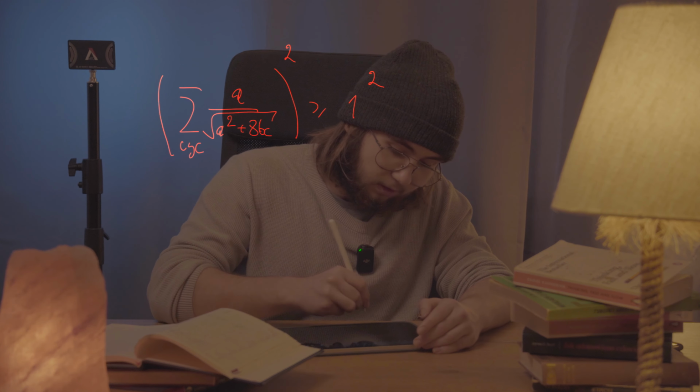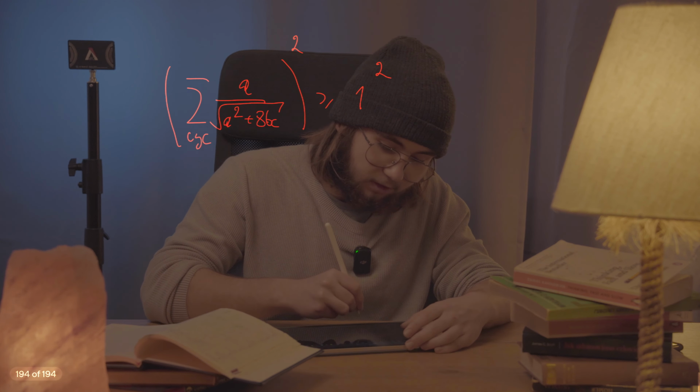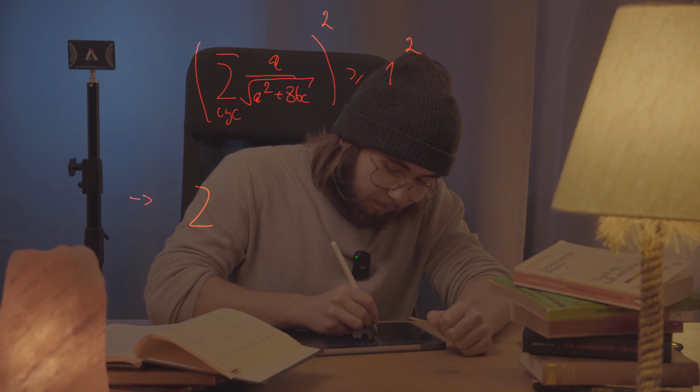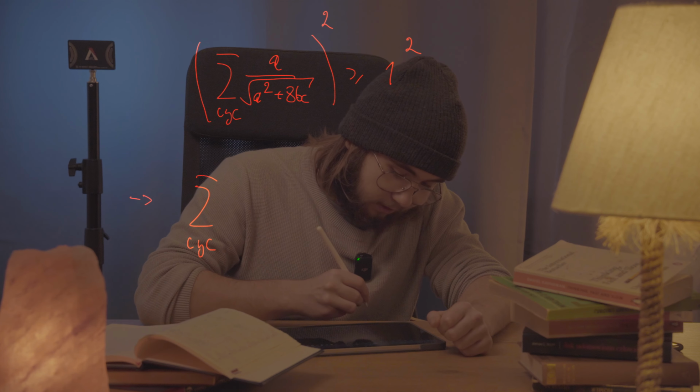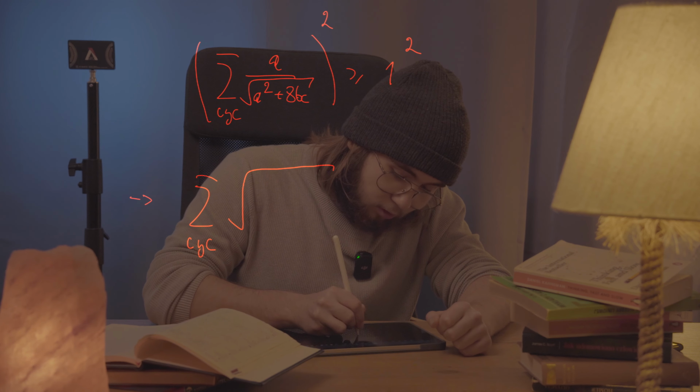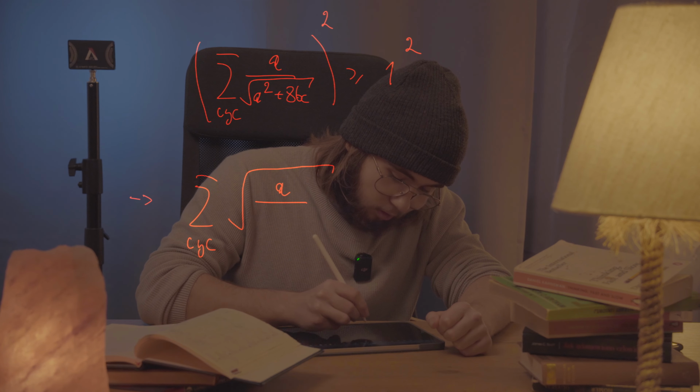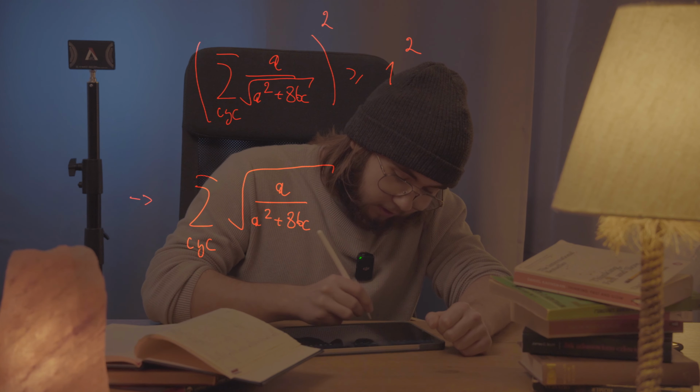After squaring both sides, I can apply Hölder's to the left hand side, getting the cyclic sum of the square root of a over a squared plus 8bc, and then everything is still squared, and it's still greater than or equal to 1 squared, which is just a plain old 1.